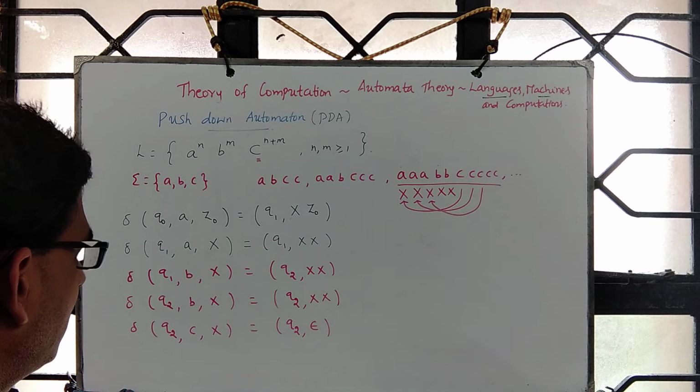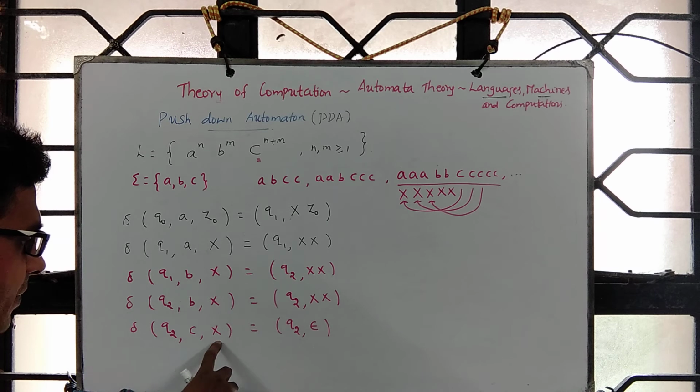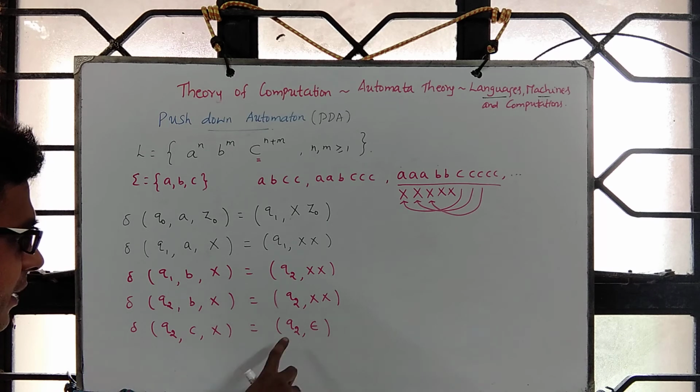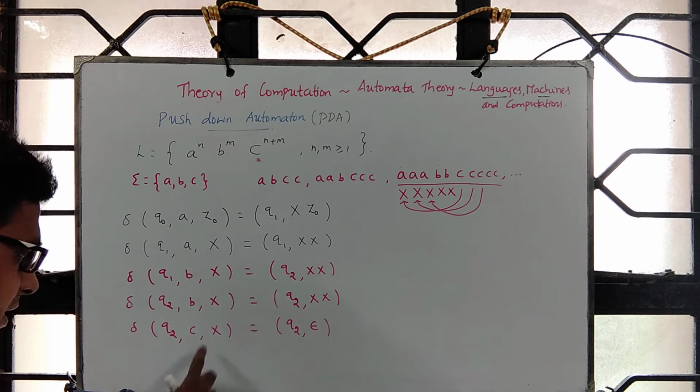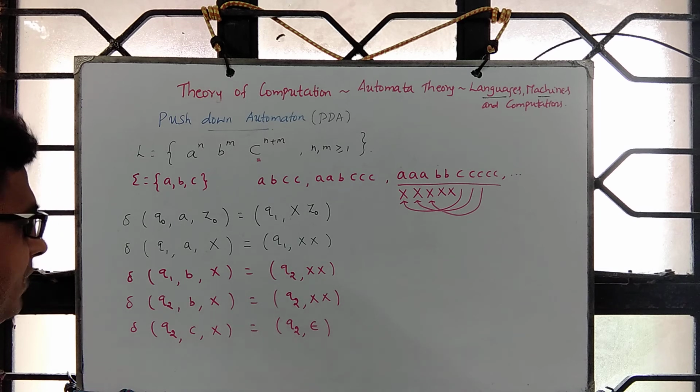Fine. Now Q2 comma C comma X, we get to see that Q2 comma epsilon, and stay there, read the next C and continue to pop using this. Fine.